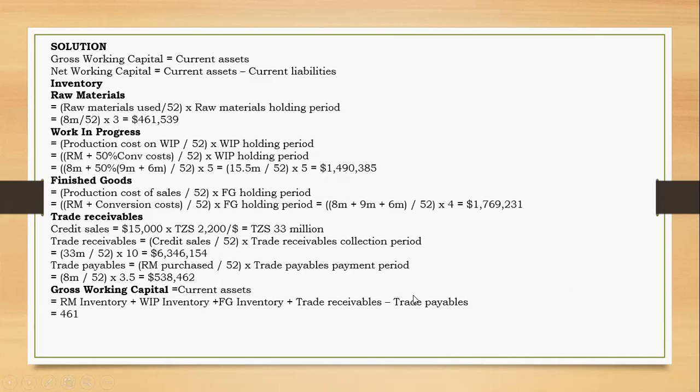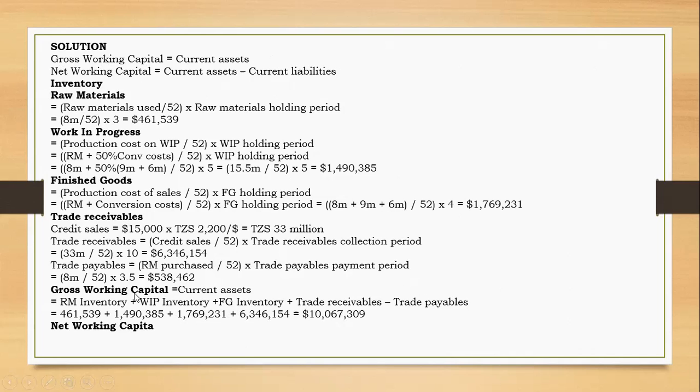So do not reduce trade payables. Gross working capital is current assets only. Net working capital is when you deduct current liabilities. So we just sum them and you get this one.